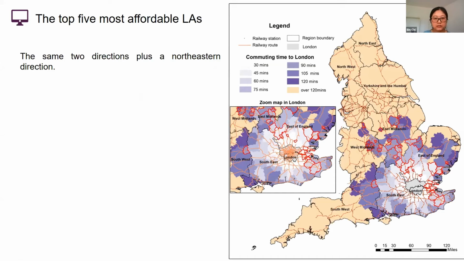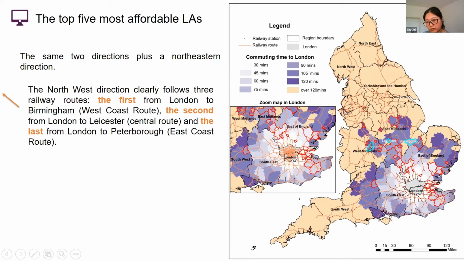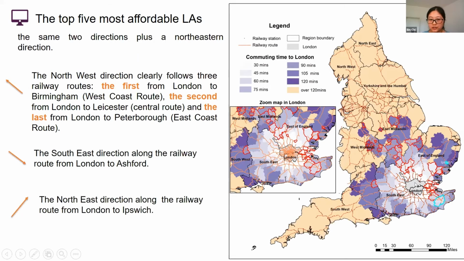For the northeast directions, you can see clearly it follows three railway routes. The first one is from London to Birmingham. The second one is from London to Lancaster, and the third one is from London to Peterborough. For the east direction, it is from London to these local authorities.